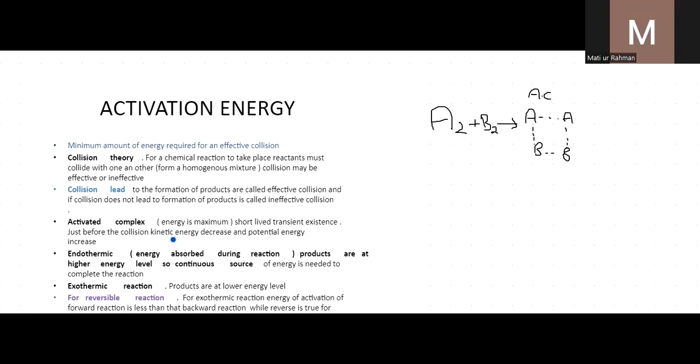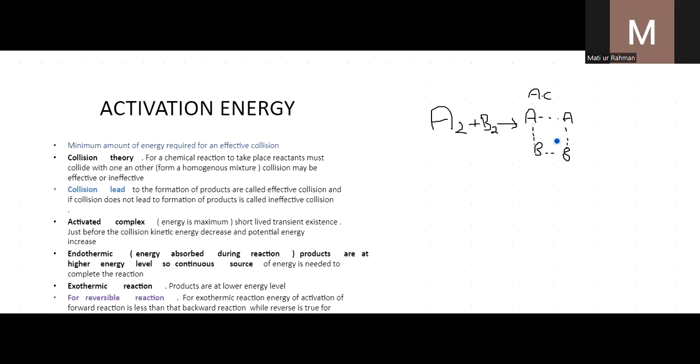Just before the collision, kinetic energy decreases and the potential energy increases. I repeat, two molecules A2 and B2 collide with one another and form an activated complex. So there are two possibilities after this. First, we remember that the activated complex is highly unstable, meaning it is a very high energy, short-lived species.